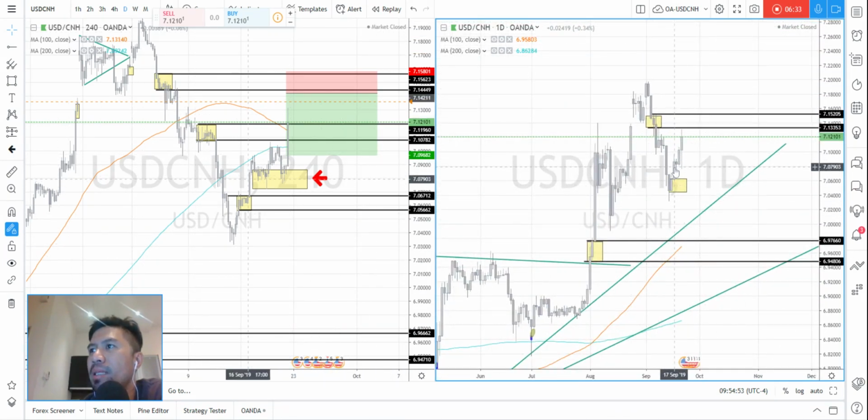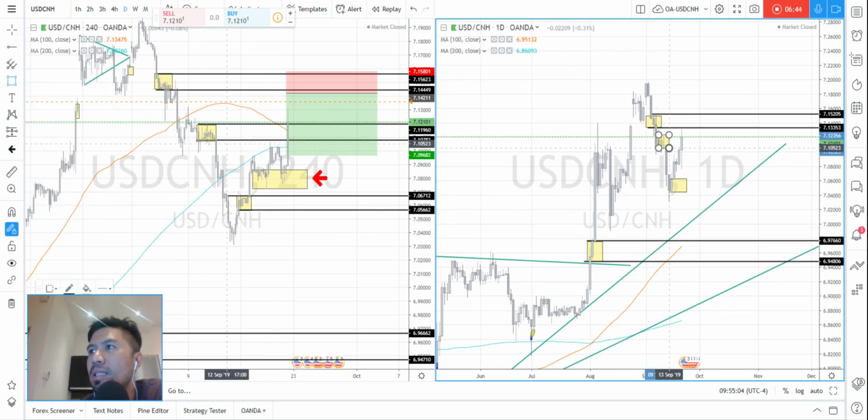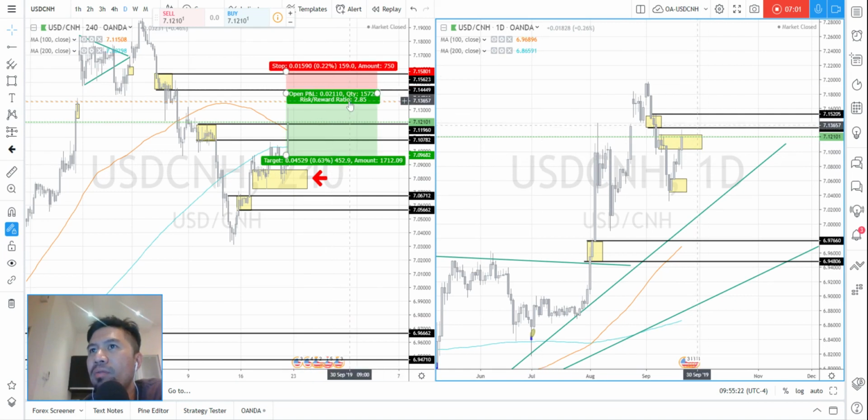And it's a little bit risky because the price just retraced back down, going up, and then as you can see, we have a daily demand supply here. The price breached it, meaning to say the sellers are a little bit weaker compared to the buyers, so we have to be very careful with that.